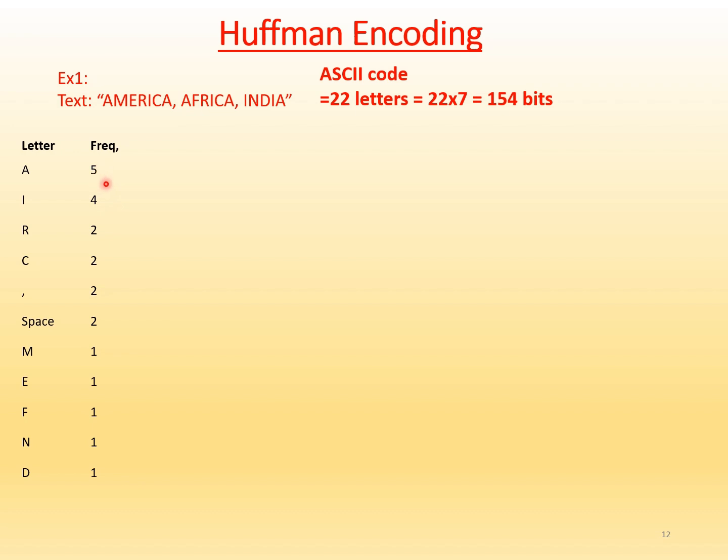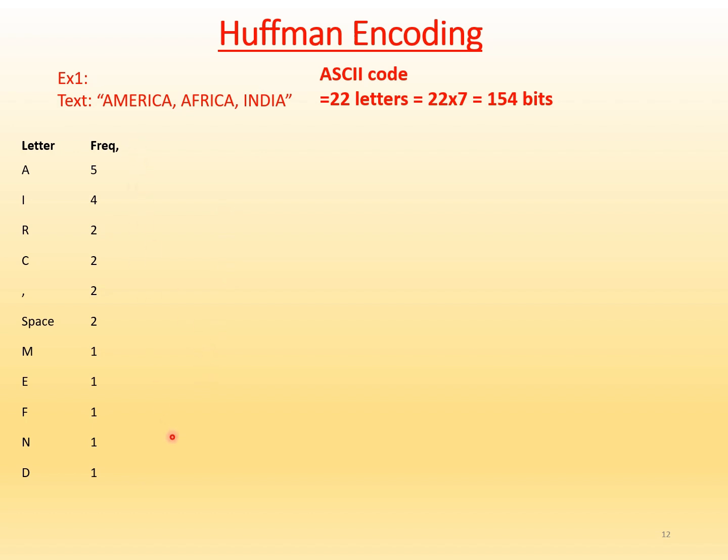I have already computed these and arranged them from highest frequency to lowest frequency, so you can verify with some other letter also. R: America has 1 R, Africa has 1 R, so there are 2 R's in total. And space, how many spaces are there? One space here, another space here. Comma is also 2. D appears only in India.